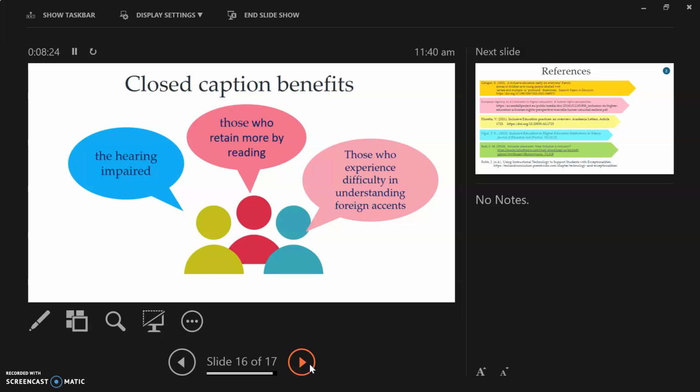Please bear in mind that when you are recording, you speak slowly, because sometimes the computer doesn't recognize our accents and so on, and it might interpret a word that you did not say. So you need to be very careful there.